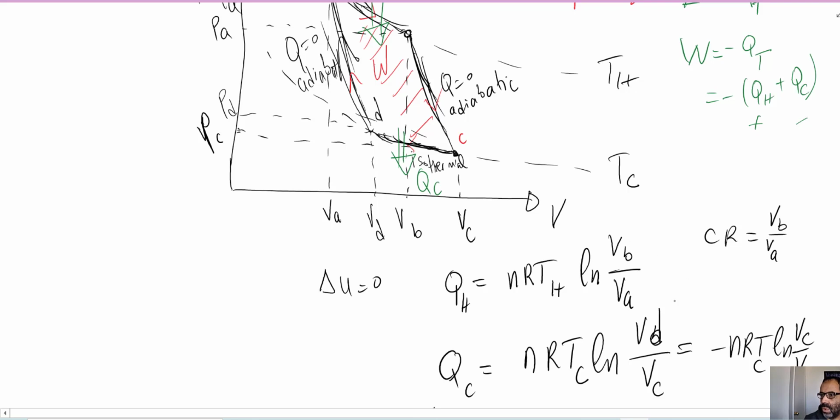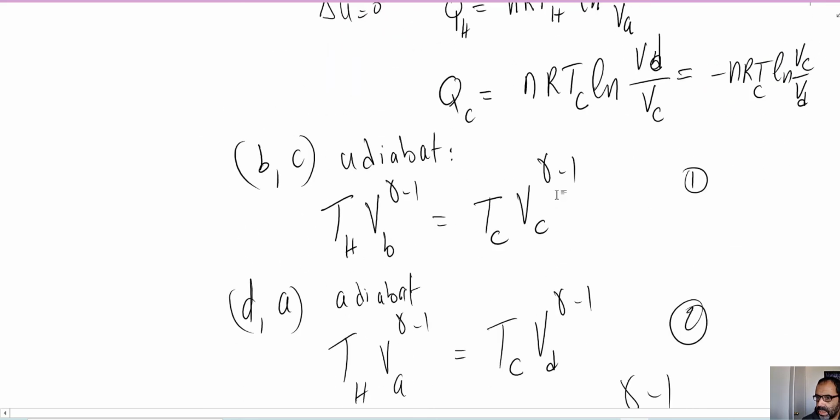Did I say VD? I'm sorry, it's VC over VD. Control Z. Doesn't make sense. It's the big volume over the small volume always. So this is VC over VD, the ratio of this volume to this volume. That's basically what the compression rate is in this case.